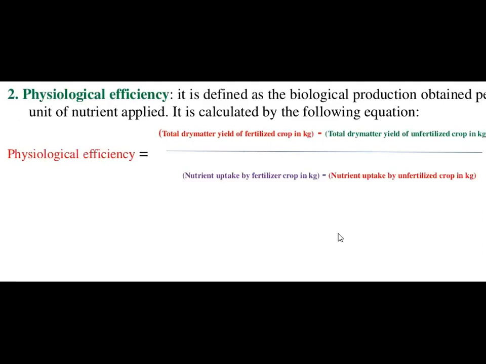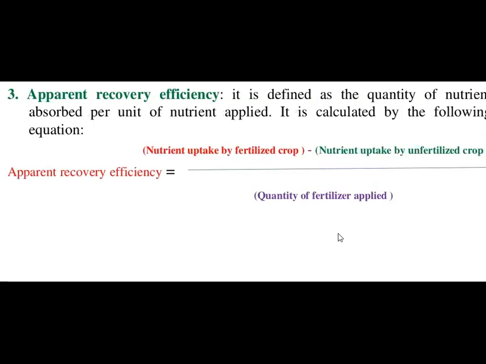Physiological efficiency is equal to total dry matter yield of fertilized crop in kilograms minus total dry matter yield of unfertilized crop in kilograms divided by nutrient uptake by fertilized crop in kilograms minus nutrient uptake by unfertilized crop in kilograms. That is physiological efficiency.